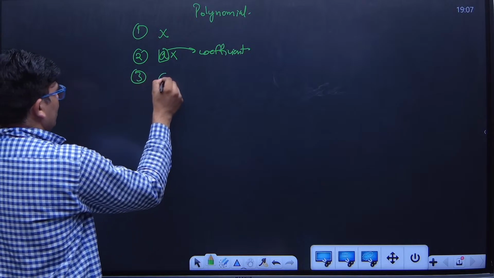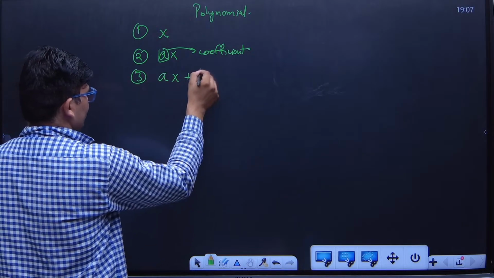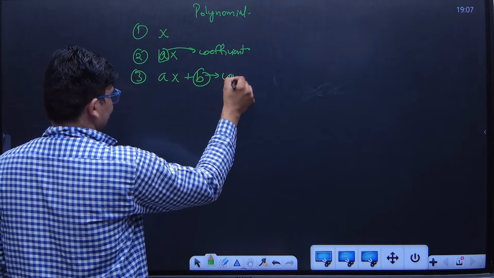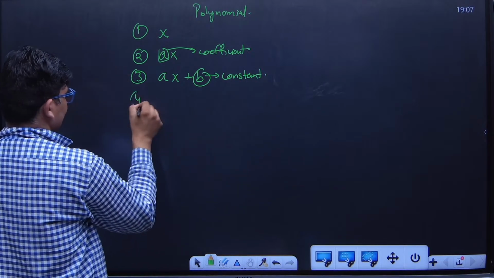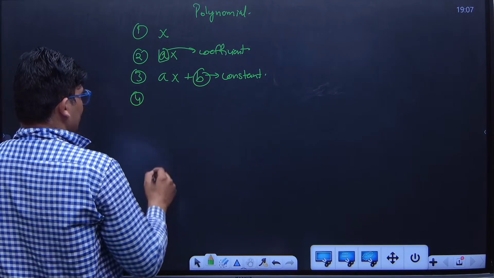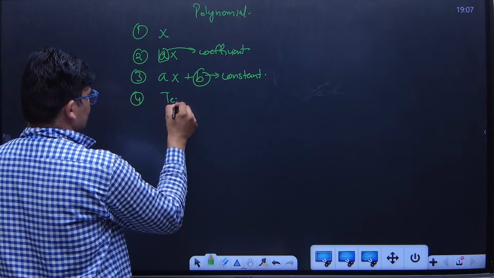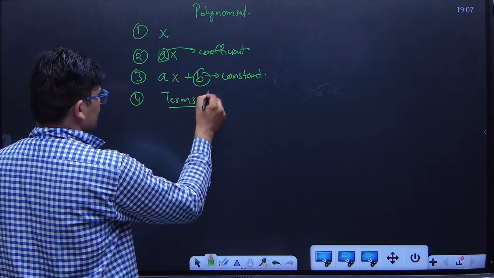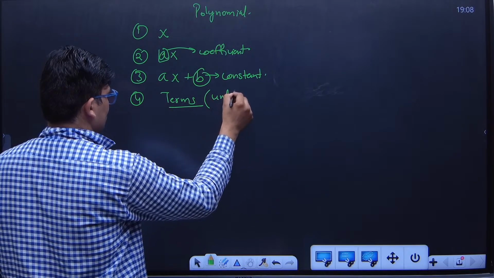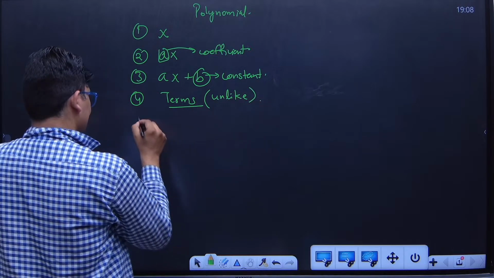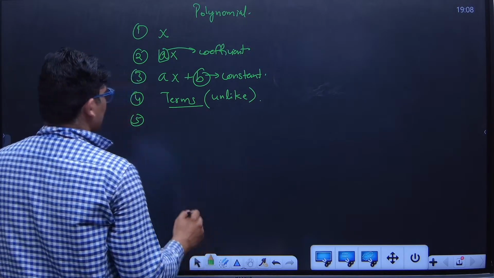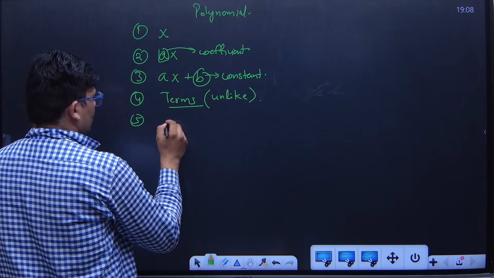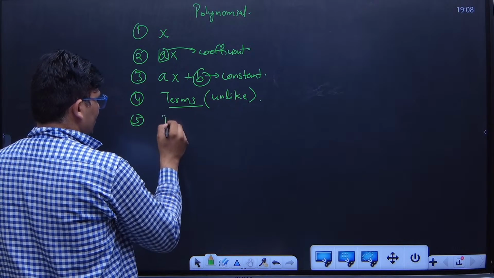Then I told you about the constant: ax plus b, where b is known as the constant. Then we have the number of terms. When I was talking about the number of terms, I was talking about unlike terms. Then after the terms, I was talking about degree.